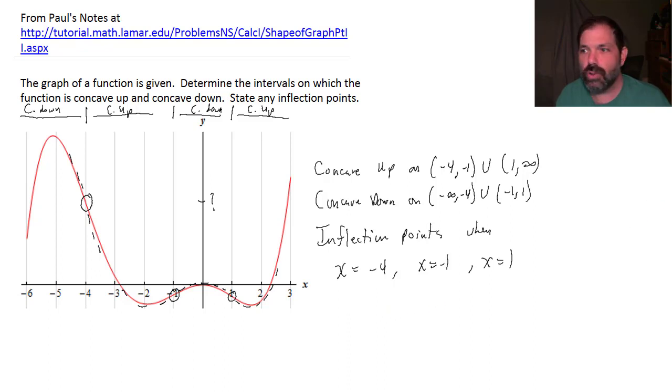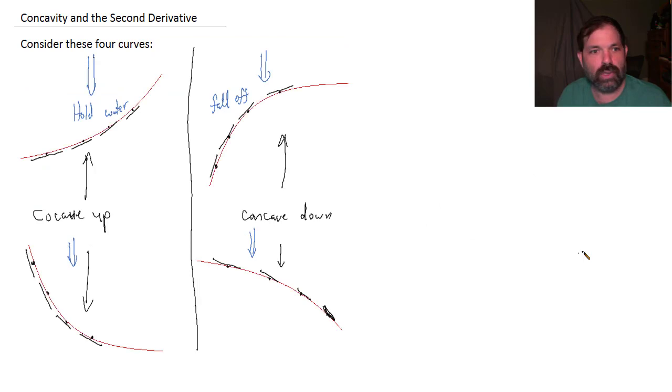And if we think back to how I introduced this, if we go back to the first slide, I was drawing these tangent lines, and I said this line is increasing at an increasing rate.